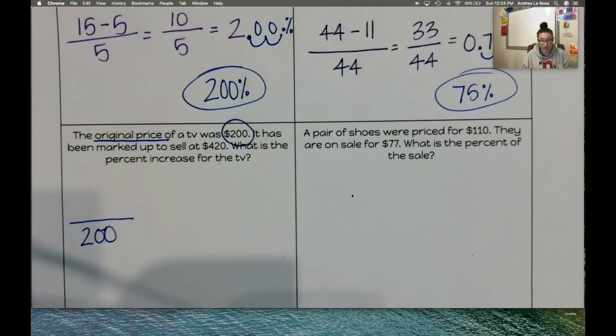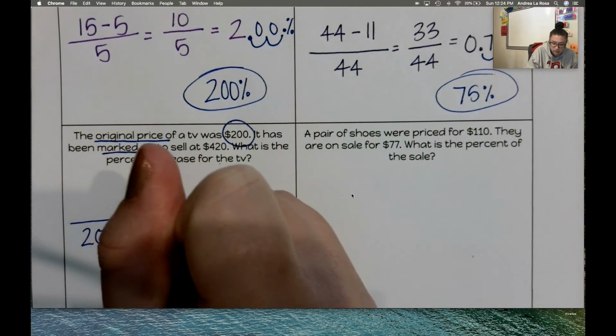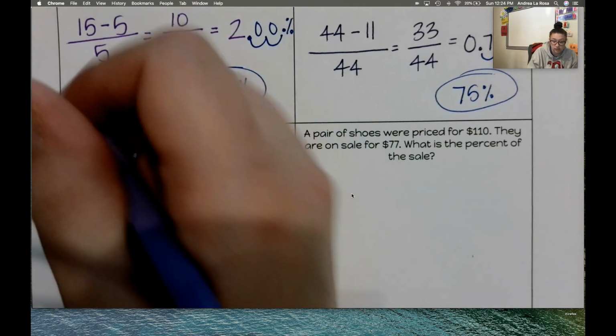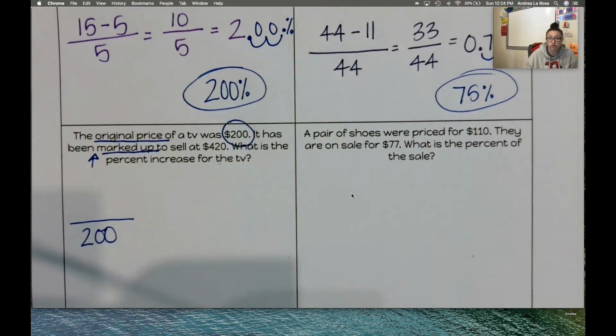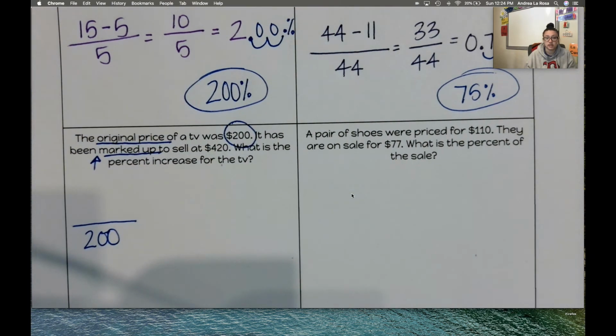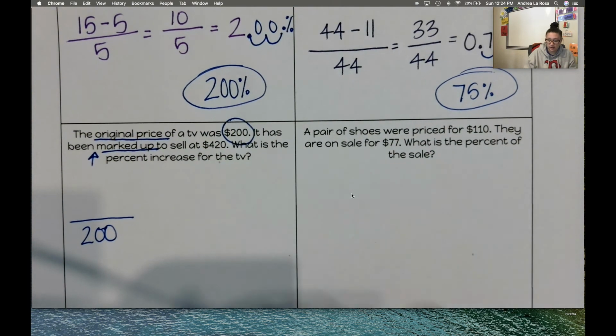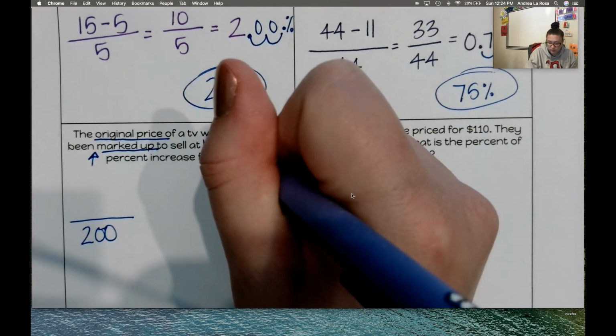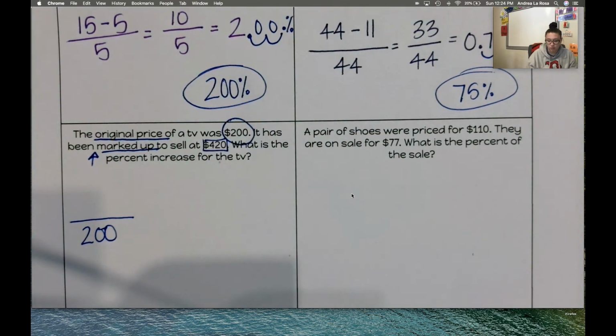It had been marked up. Mark up tells me that this is going to be an increase to sell at $420. That's my other number. What was the percent increase for the TV?